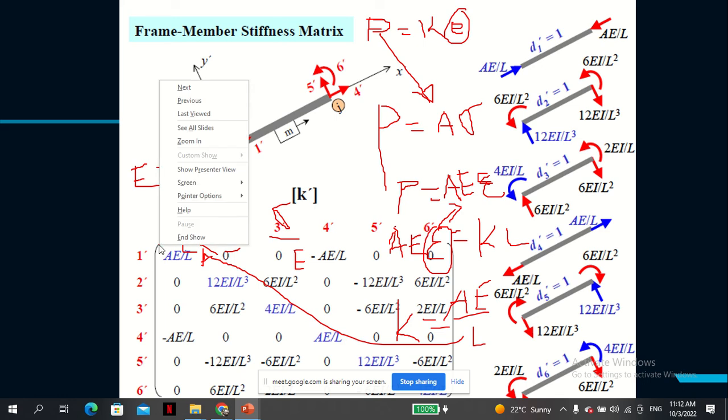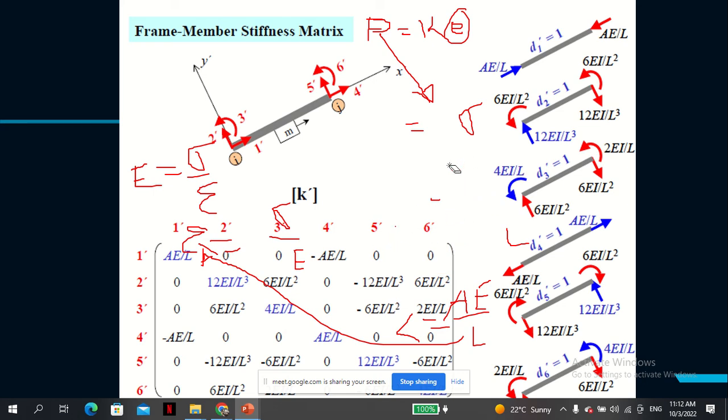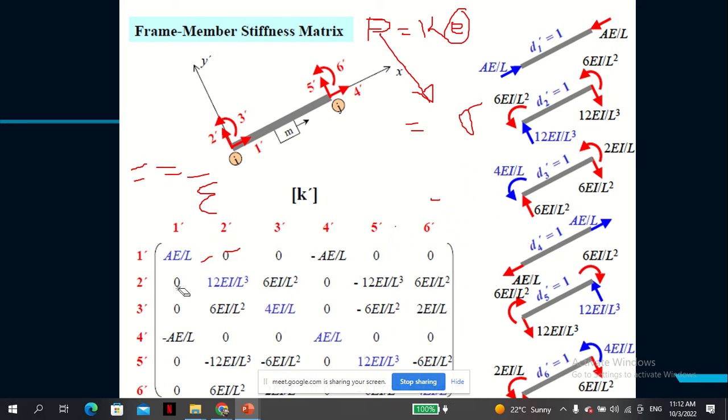Okay, that's the theoretical part. By the same logic, you can derive all these other stiffness matrices. Here now is just to explain the logic, the concept.